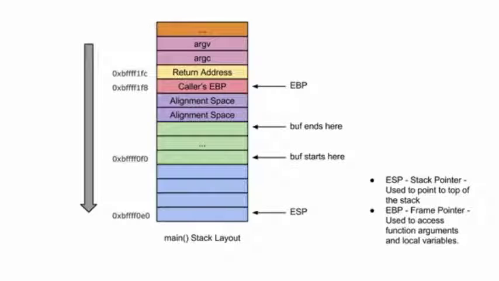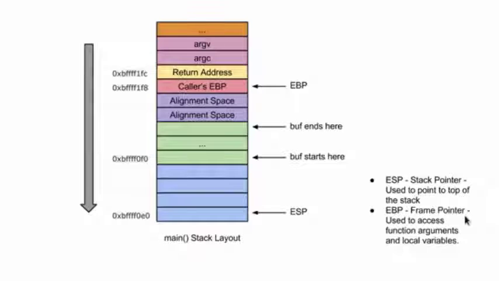So at the high memory, which is up here at the top, versus the low memory, we can see the stack layout. So we have argv, which is the argument being passed into the function, argc, which is the count, the int value, the return address, in other words, where the function should go next after it's done running, the caller's EBP, also known as the frame pointer, which is basically saying, now that we've returned, where do we go back to?